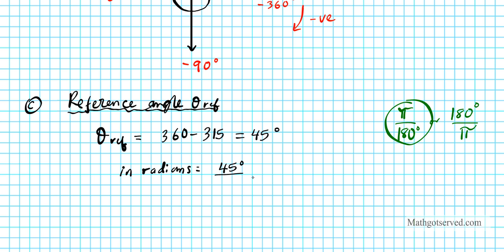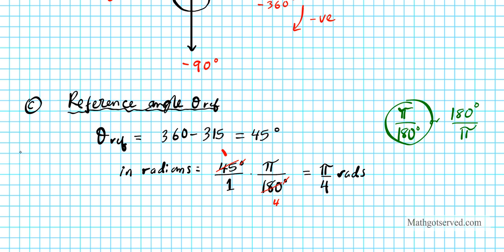And when I set it up like this, you notice that the degrees cancel out. Okay, so put this over 1 so we can have two fractions. Now, this degree cancel out like we desired. 45 goes into 180 4 times, so 45 goes here once. 180 goes here 4 times. If you multiply across, you have pi over 4 radians.